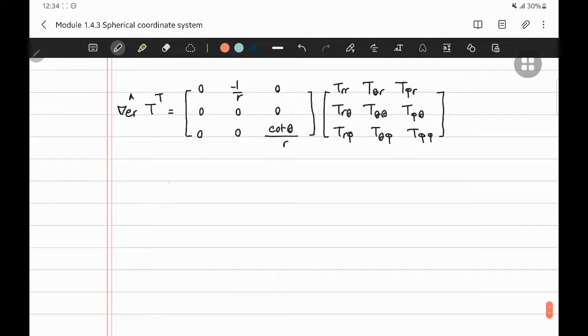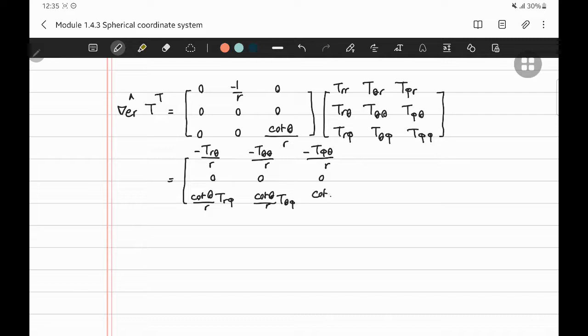So this is equal to minus T_R theta divided by R, minus T_theta theta divided by R, T_phi theta divided by R, 0, 0, 0, and this is cotangent theta divided by R T_R phi, cotangent theta divided by R T_theta phi, cotangent theta divided by R T_phi phi.